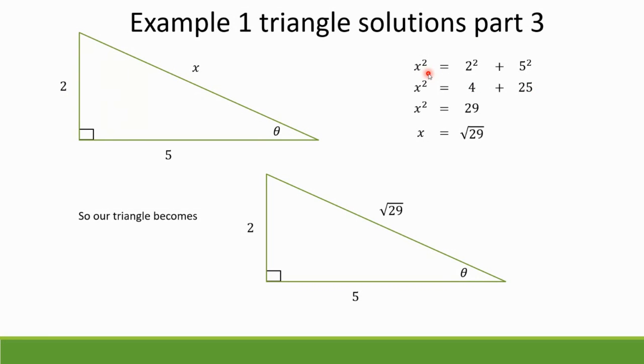X squared is equal to the sum, so x squared is 29, and x is the square root of 29.